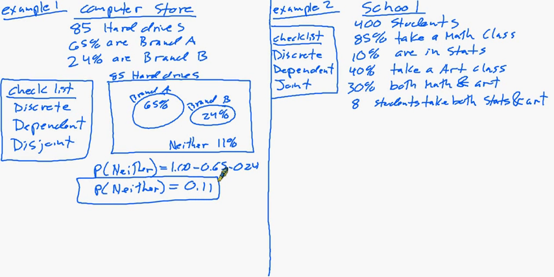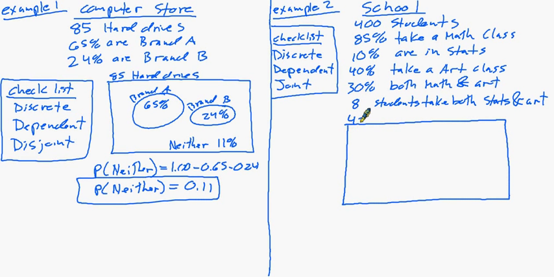All right. Let's look over here at our school and see if we can make a decent Venn diagram of our 400 students. So we have a big circle, which is math, which is 85%.